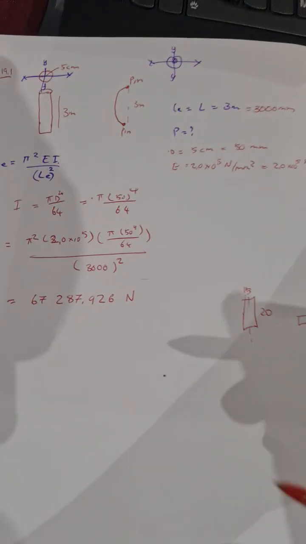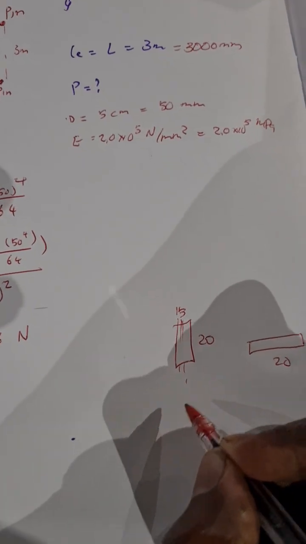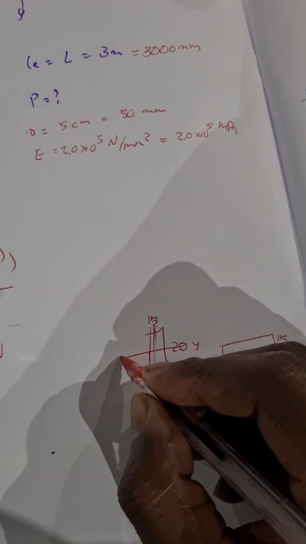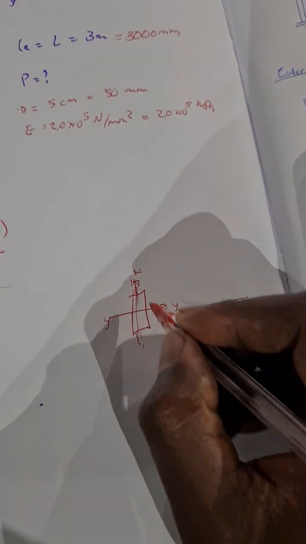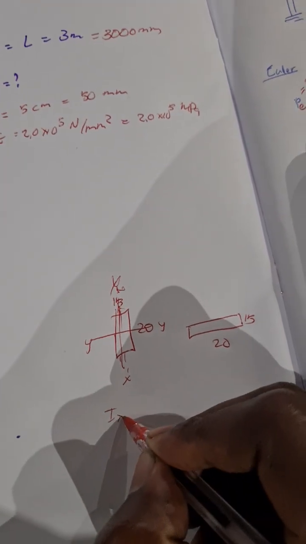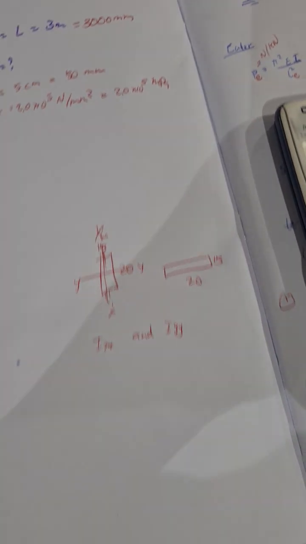When you have this, you must calculate the least. In this case, if I drew it like this, I have to calculate I_XX and I_YY.